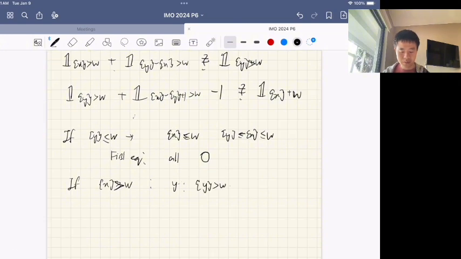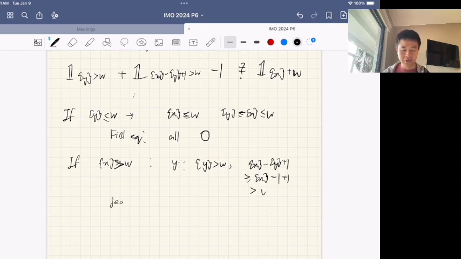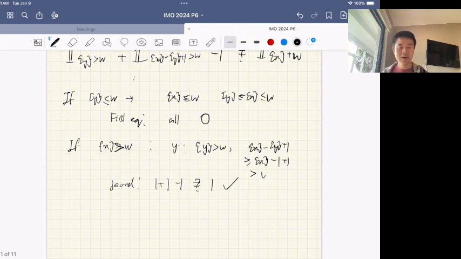And then x minus y plus 1 is greater or equal to x minus 1 plus 1, which is again greater than w. So the second equation becomes 1 plus 1 minus 1 greater or equal to 1.